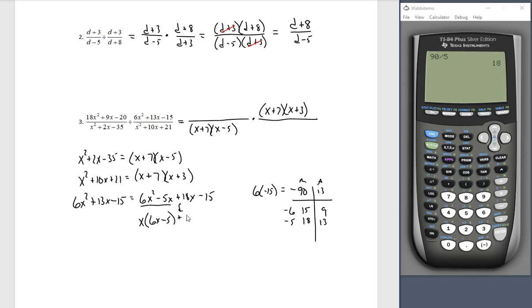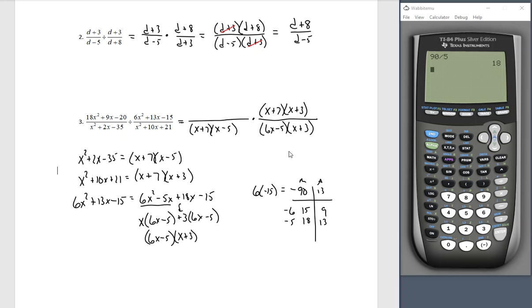These second two seem to have a 3 in common, and when I factor out a positive 3, I'm left with 6x minus 5. So this is 6x minus 5 times x plus 3. Now I find this polynomial. It was in my original second numerator, which means now the factored version goes in my denominator.